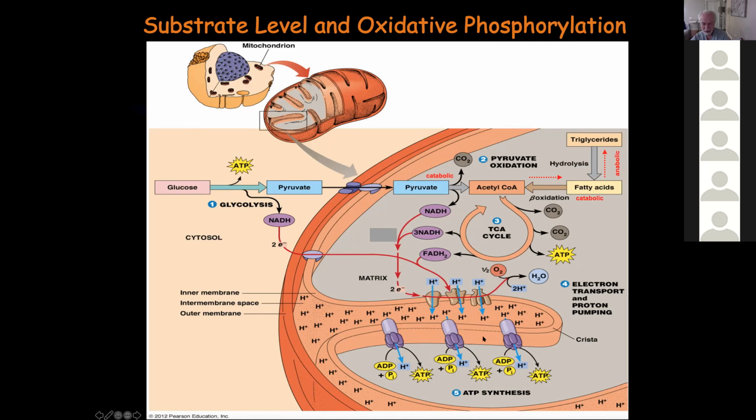That's where ATP synthase is located, and those are the channels through which the protons flow to make ATP in the cristae, the inner mitochondrial membrane. So that's a completely separate process.